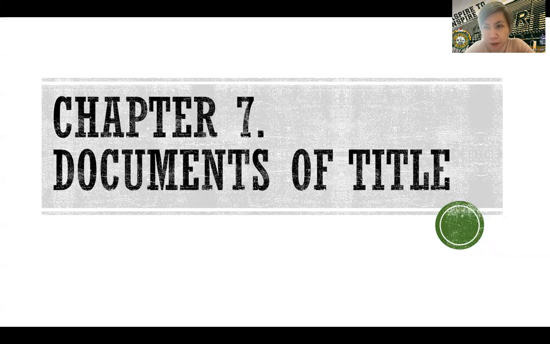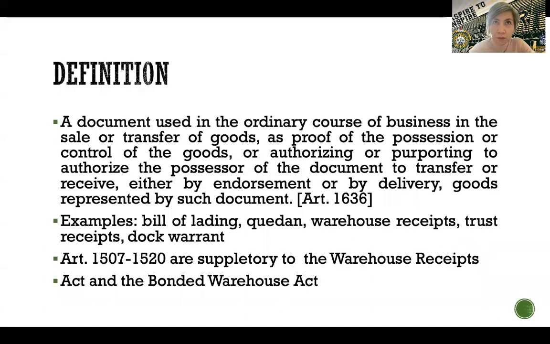Okay, so we're already in chapter 7 pertaining to documents of title. So what's a document of title, guys? This is a document used in the ordinary course of business in the sale or transfer of goods.